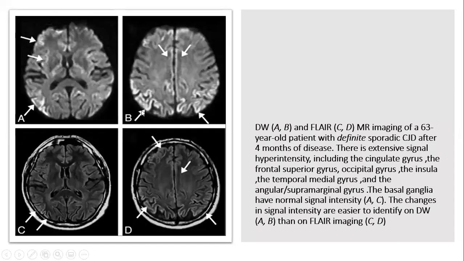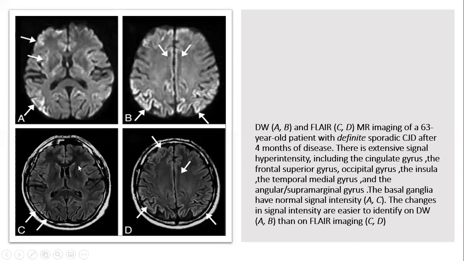Here we have a case imaging of MR imaging, which are FLAIR and DWI, of a 65-year-old patient with definite sporadic Creutzfeldt-Jakob disease after 4 months of disease. There is extensive signal hyperintensity, including the cingulate gyrus, the superior frontal gyrus, the occipital gyrus, the insula, the medial temporal gyrus, and the angular and supramarginal gyrus.